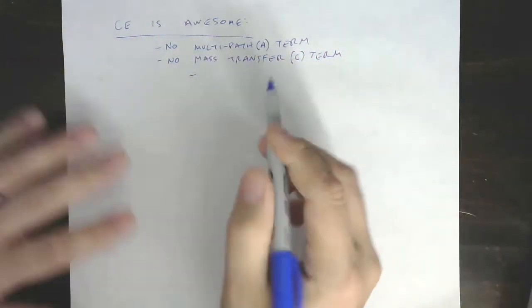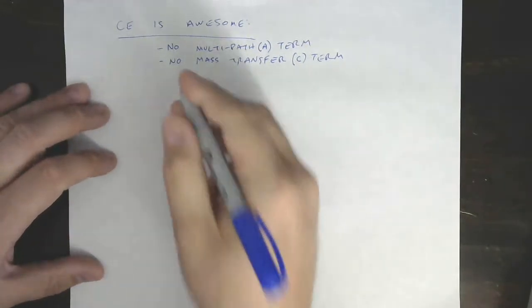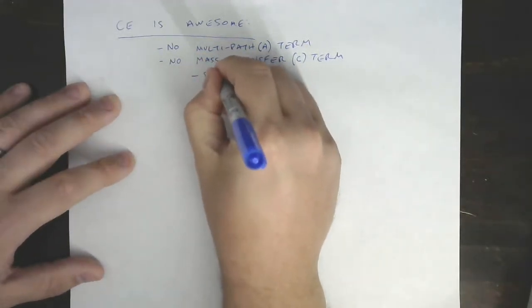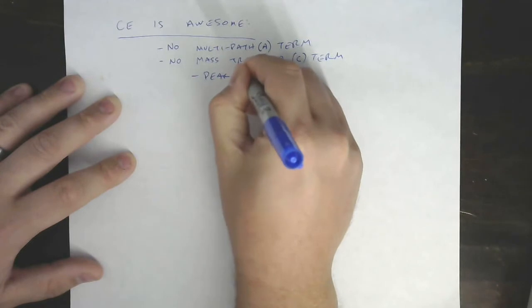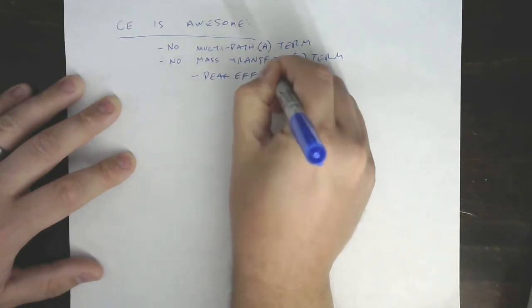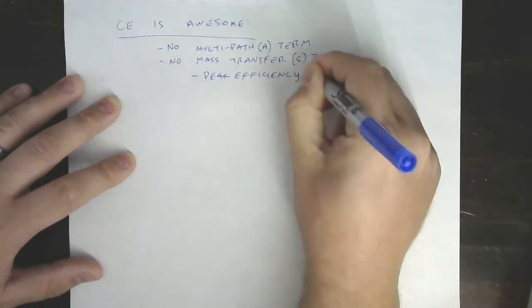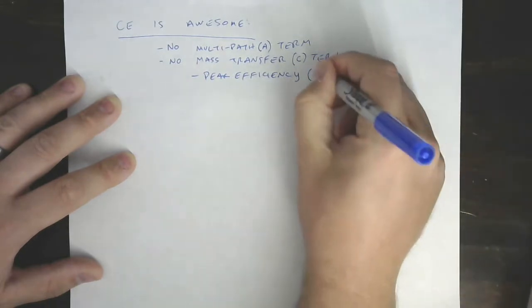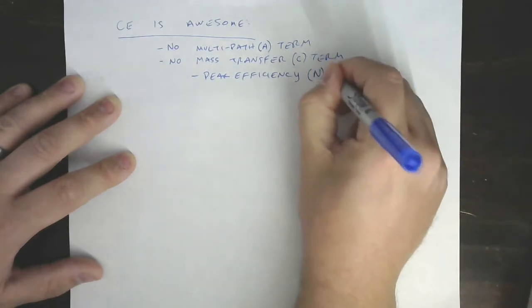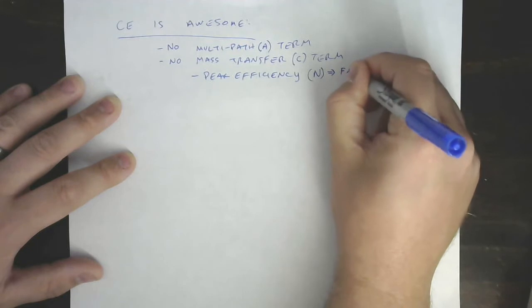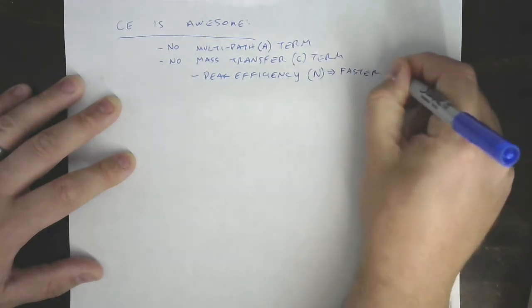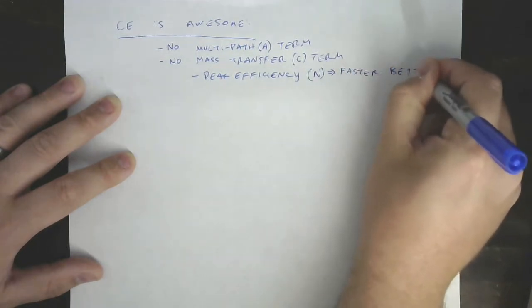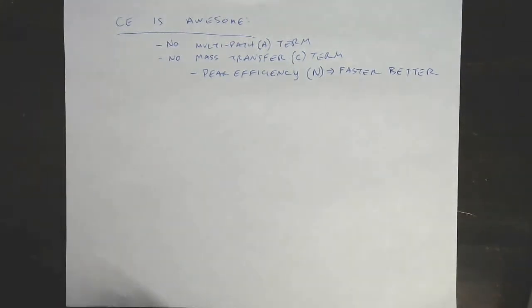These are the properties that make peak efficiency, which I'll remind you we quantify via the number of theoretical plates, capital N, a case of the faster, the better. That is a very unique property of CE that we don't find in any other chromatography.